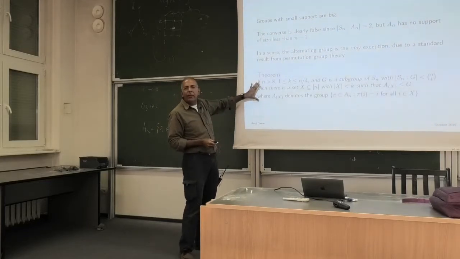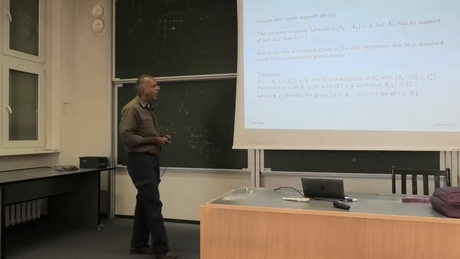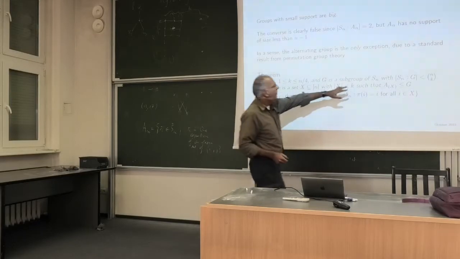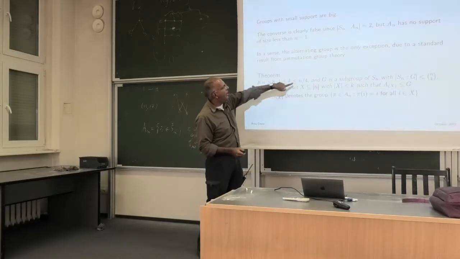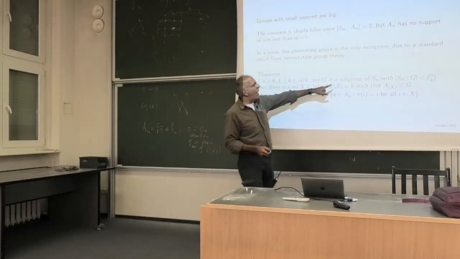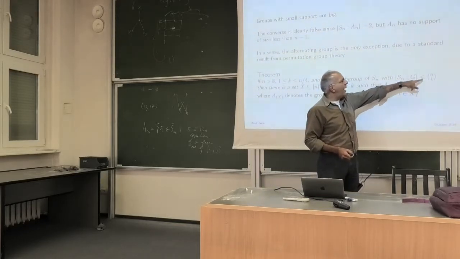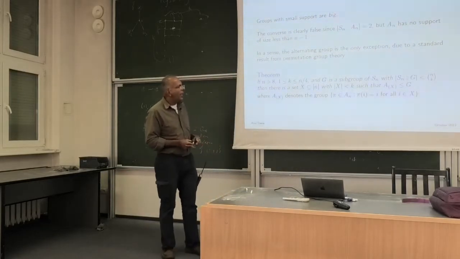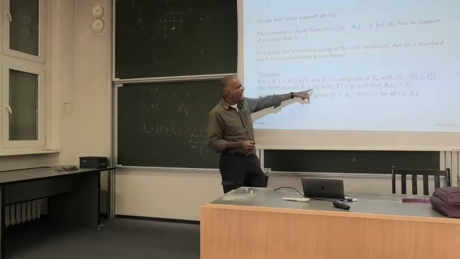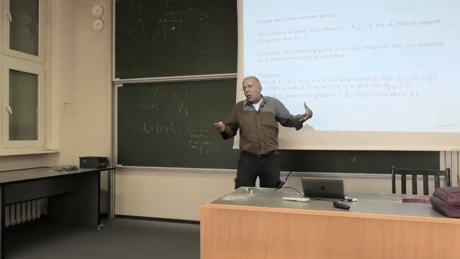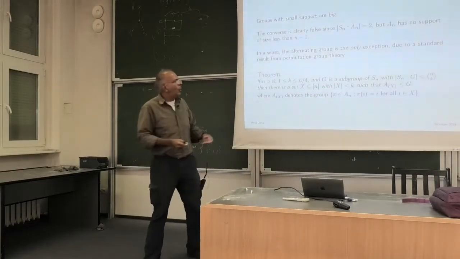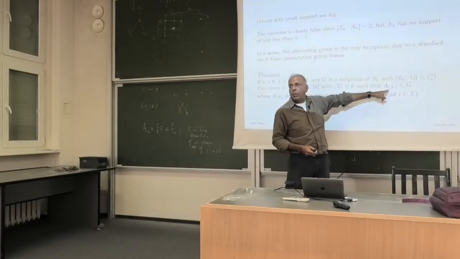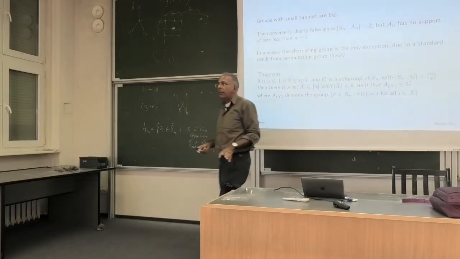This is the formal statement of the theorem I found in Dixon and Mortimer's book. It says, if you have a subgroup of Sn, ignore this, this just says if n is sufficiently large and k is small enough. If you have a subgroup of Sn whose index in Sn is bounded by n choose k, okay? Then you can find a small set X, think of this as the support. You can't guarantee that all permutations which fix X are in G, we know that, but you can guarantee that all even permutations which fix X are in G. Okay?